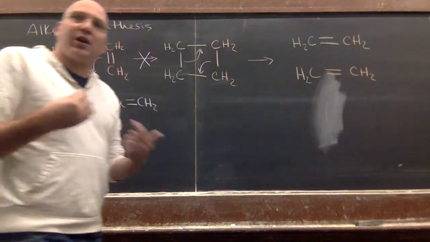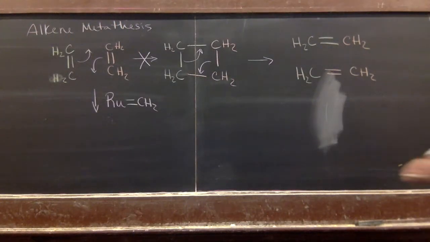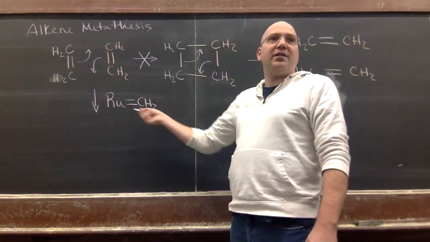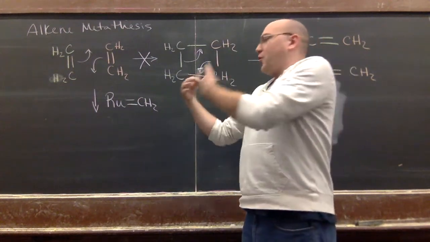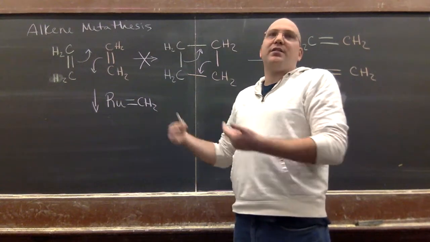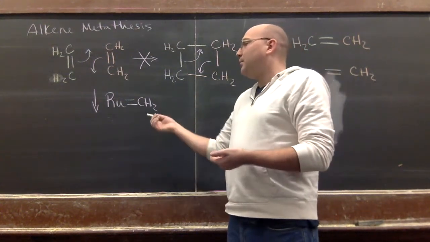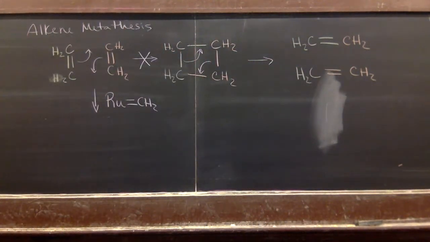The catalyst is a little bit more complex than this, but for the sake of looking at the mechanism, we'll often just abbreviate the metathesis catalyst as the ruthenium with the double bond. These are the overwhelming majority of catalysts that are used to date for metathesis and employ ruthenium. There are some differences between them, but for our case, we'll just keep it at that, okay?